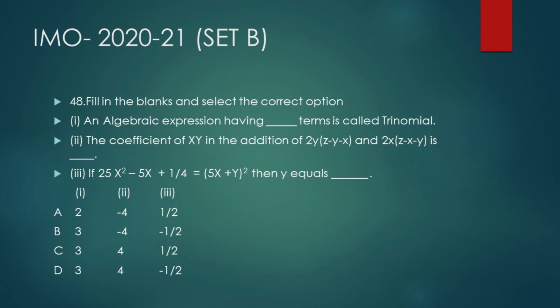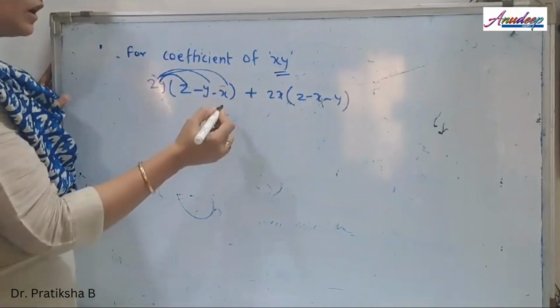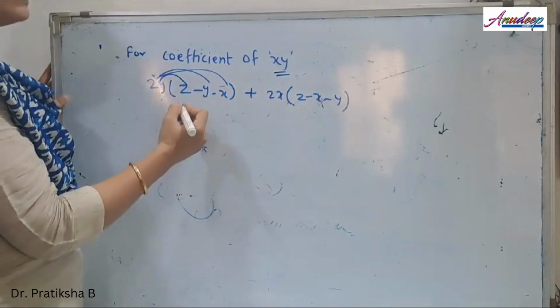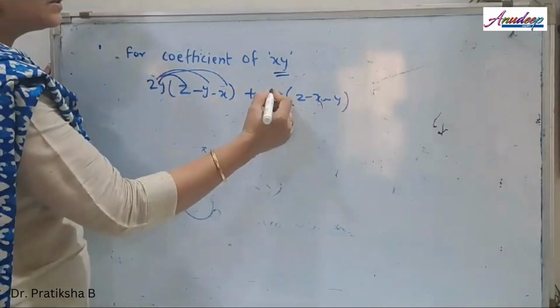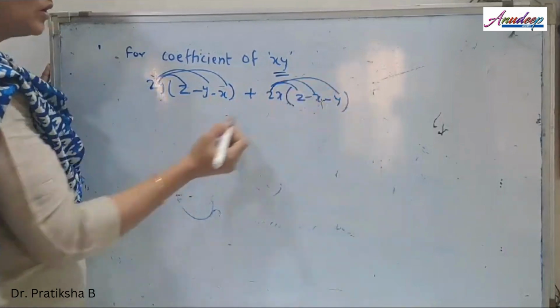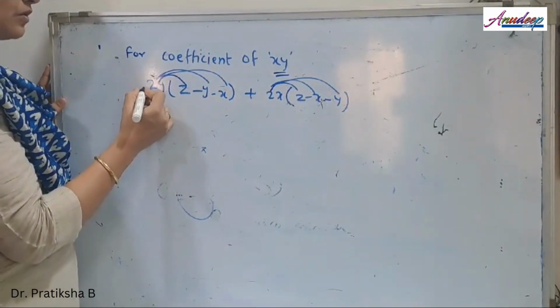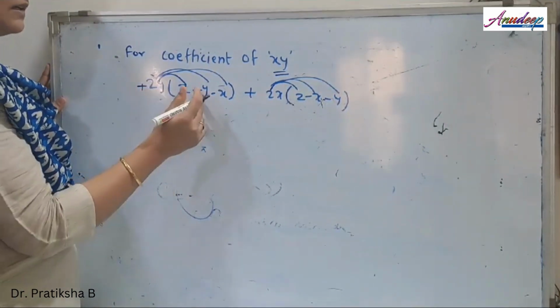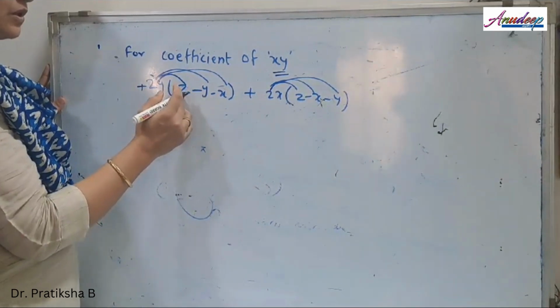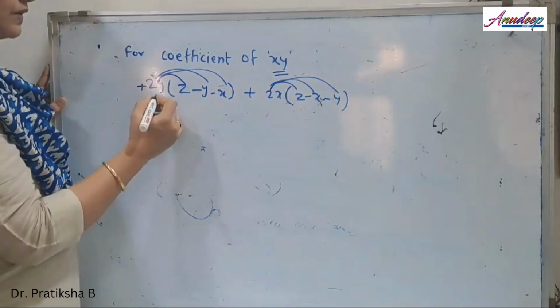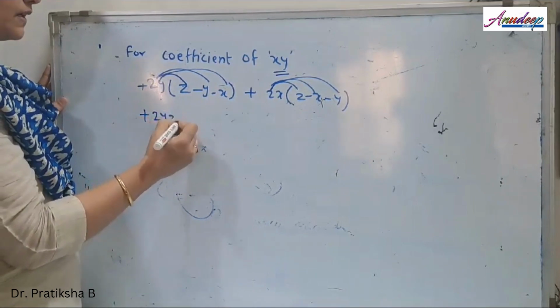For the coefficient of xy, we need to evaluate. We will see the evaluation on the board. The term outside the bracket, you are going to multiply with each term inside the bracket. Similarly for the second bracket also. When you multiply a positive number with a number inside the bracket that is positive, the product is positive. So the first term is 2yz.